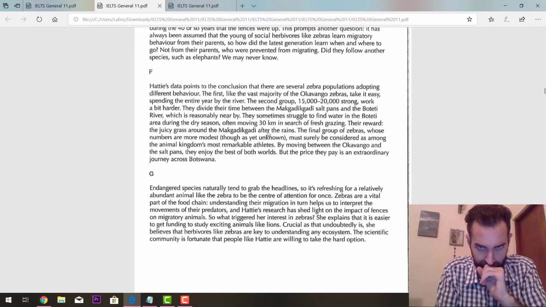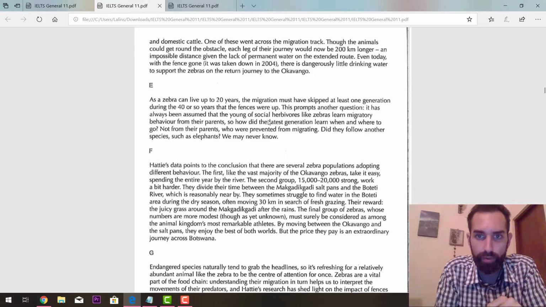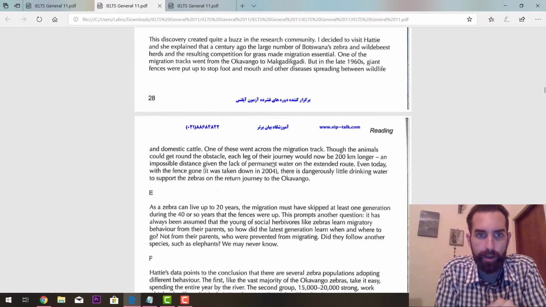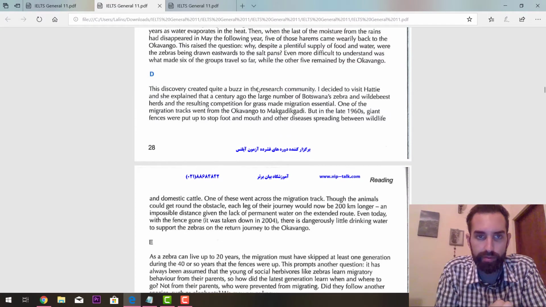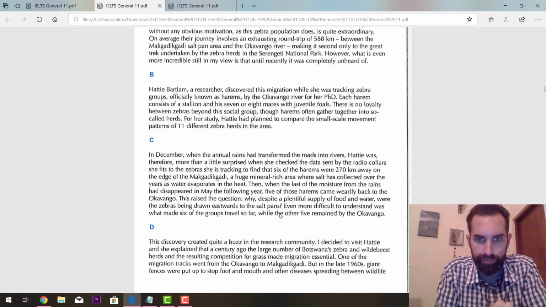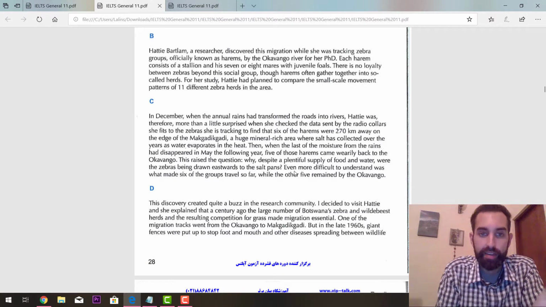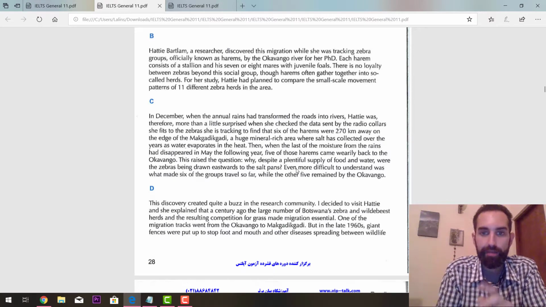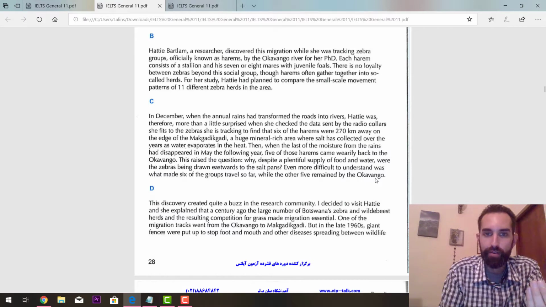it was mentioned at some point. I think it was actually in which section was it? Yes, here, in section C, the confusing information section. Even more difficult to understand was what made 6 of the groups travel so far while the other 5 remained by the Okavango.